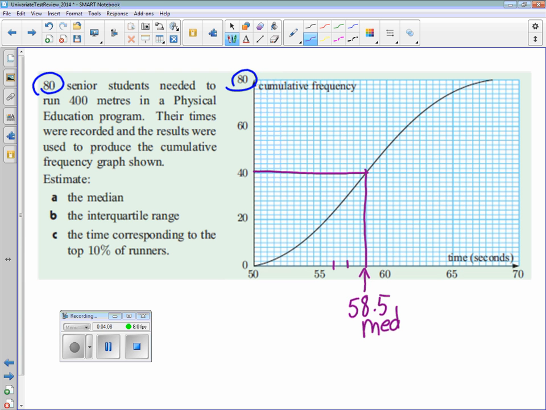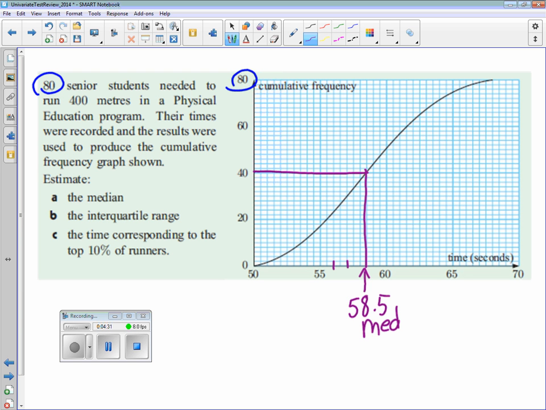What if I did 53 senior students? You have to know how to find 25% of that number. I'm sure you know how to do it, but I'm just going to remind us. So we can say 25% of 80. That's how you do it, but he's right. And we can do 75% of 80. And it is 20 and 60.